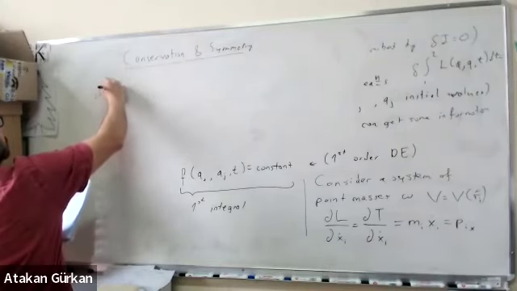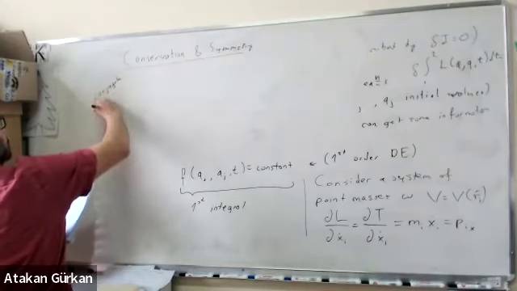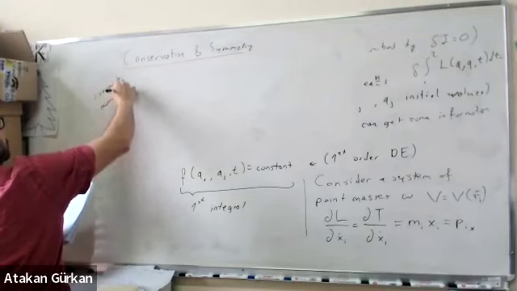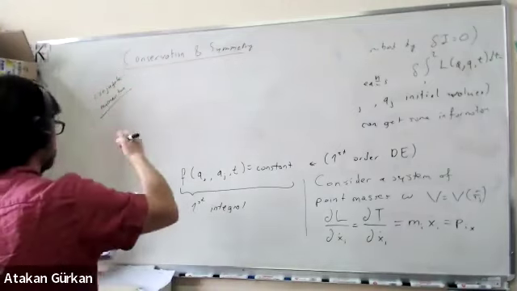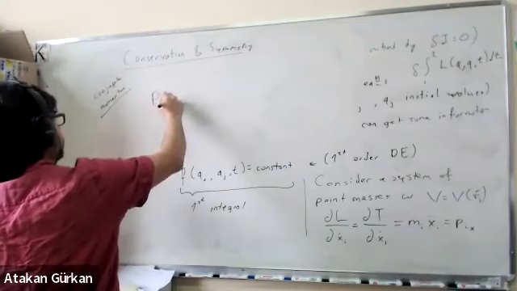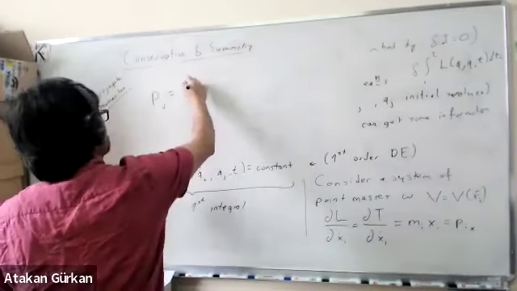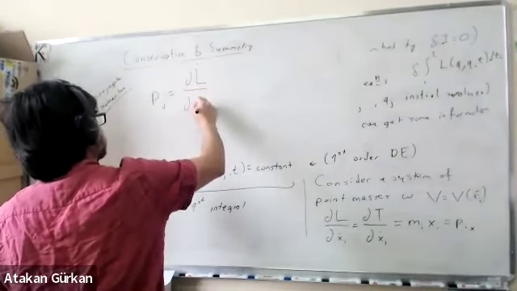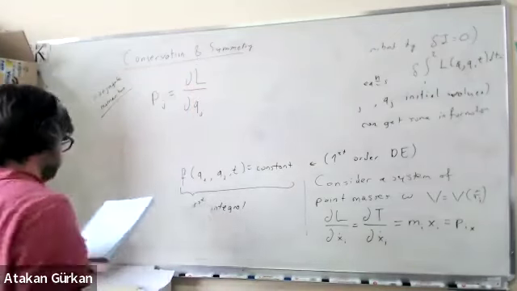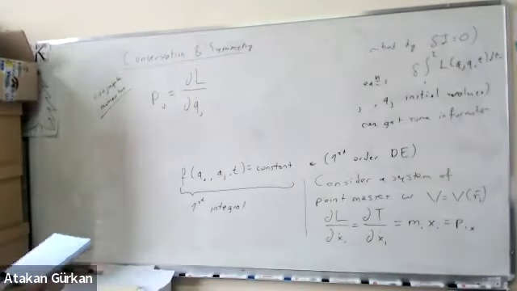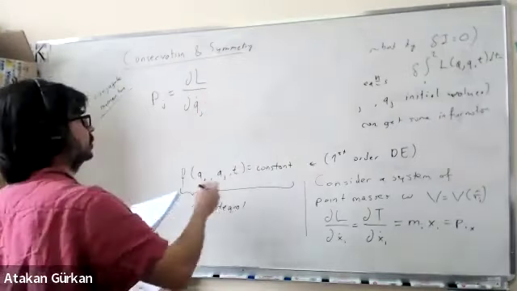So the conjugate momentum P_j is going to be the partial of L with respect to q_j dot. Okay. So this has a number of names.